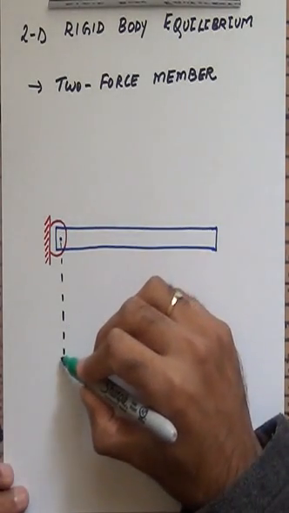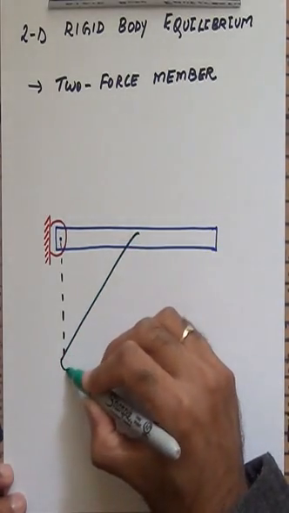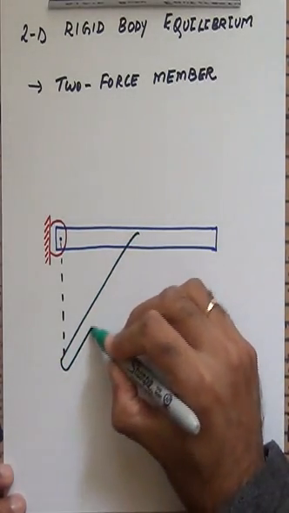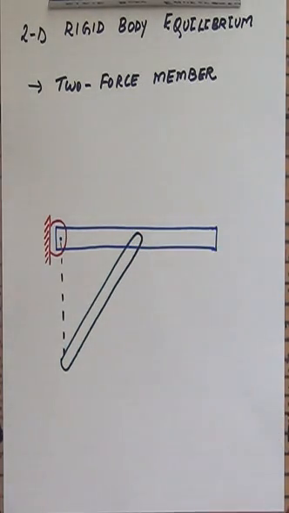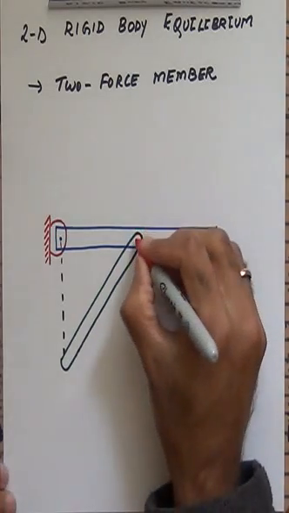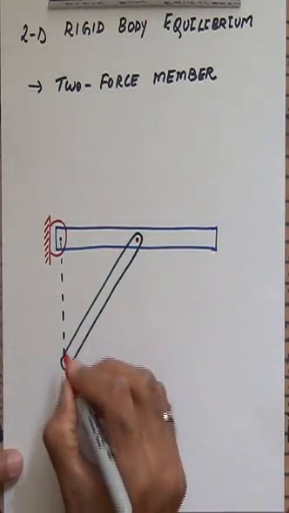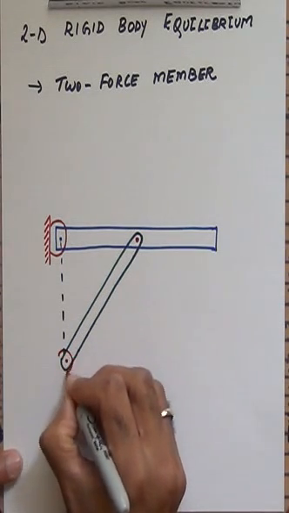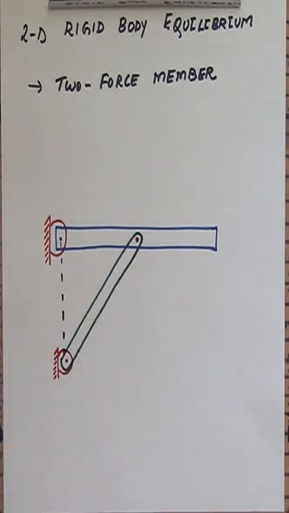So I'm going to have one more rigid body which is going to come all the way, and this will be pinned together at the rigid body that I have drawn in blue. Alright, so there is going to be a pin here. So these two are pinned together at that particular point. There is one more pin here on this rigid body which is connecting it to the wall as shown.